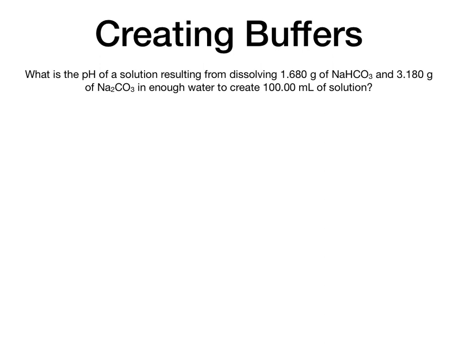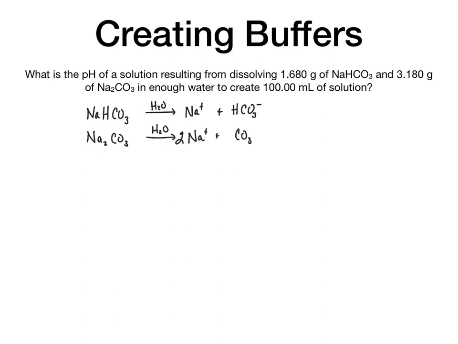And so what we have in solution, remember when we dissolve our salts into water, whenever we put our bicarbonate into water, it's going to break up into its ions, and so we get our sodium and our bicarbonate. And when we put our sodium carbonate into water, it breaks up into our 2 sodium ions and our carbonate ion.